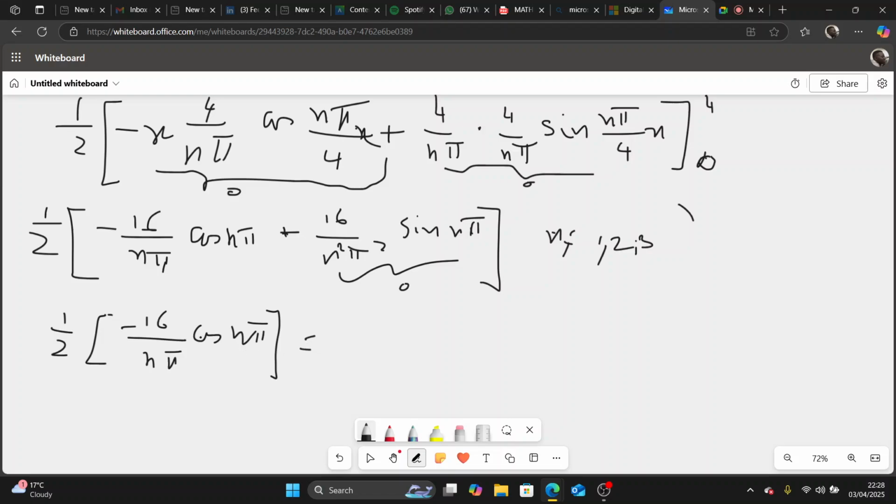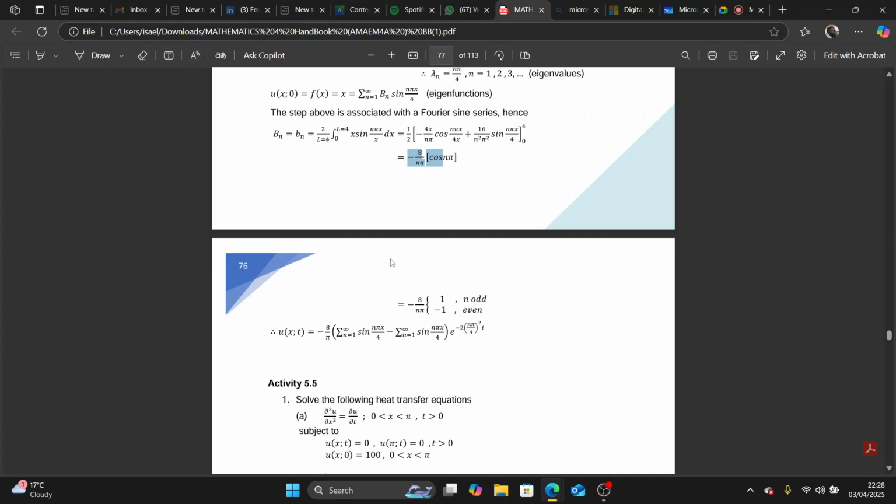Usually it carries a lot of marks. So if you multiply with half here, this will give minus 8 over n pi cos n pi. Now you are not yet done. You still need to solve. You need to check for odd and even so that you can write your solution in x and u.